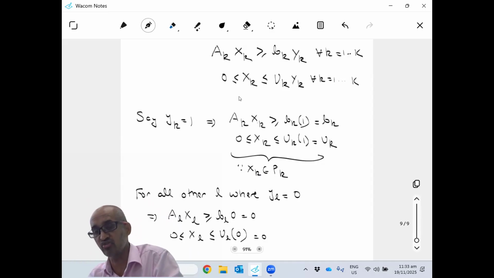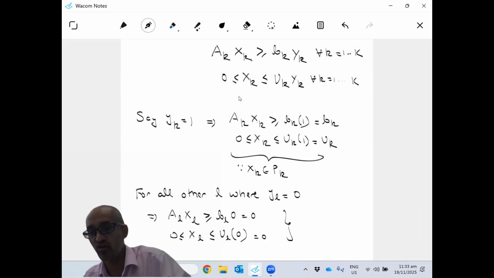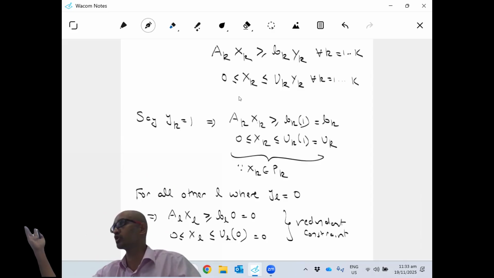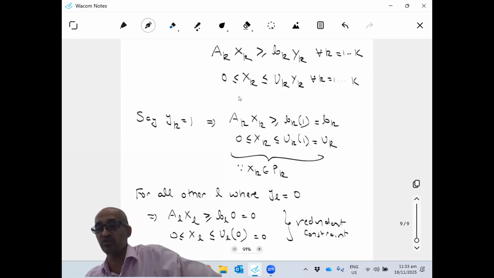If xl is 0, this constraint is redundant. It is A times 0 greater than or equal to 0, that is, 0 greater than or equal to 0. So these are all redundant constraints. They basically just say 0 equals 0 or 0 is greater than or equal to 0, which has no important information. But the important thing here is xl becomes 0.